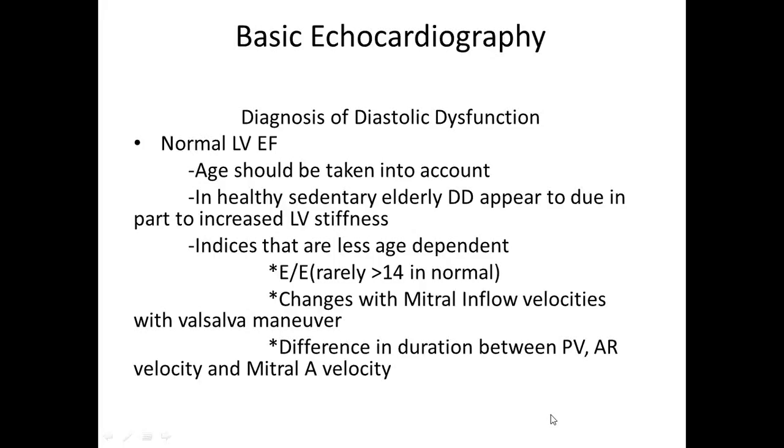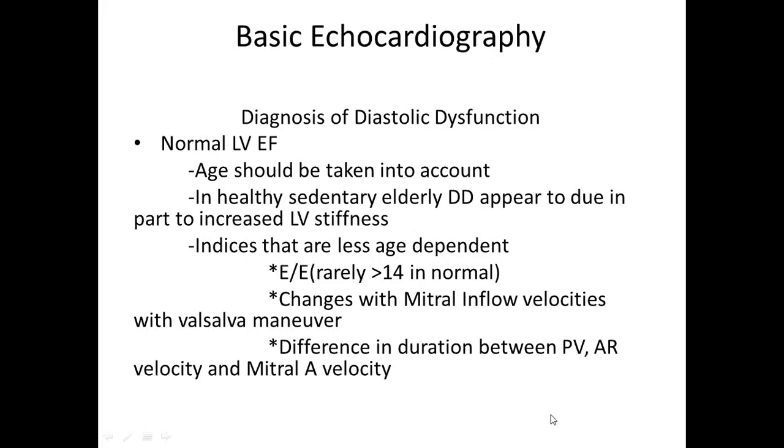Modern ultrasound machines will do the volumes for you, but if it does not, the formula is the area in the 2 times the area in the 4 divided by the shortest length, multiplied by 0.85, and that will give you the left atrial volume. To get the left atrial volume index, you divide by the body surface area. To get the body surface area, you need the patient's weight and height, and you can use a nomogram to give you the body surface area.